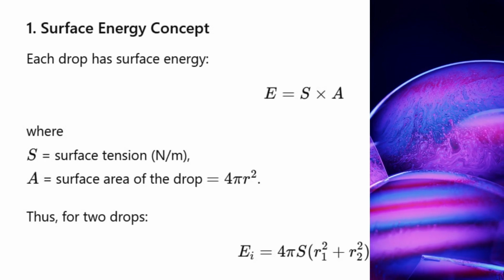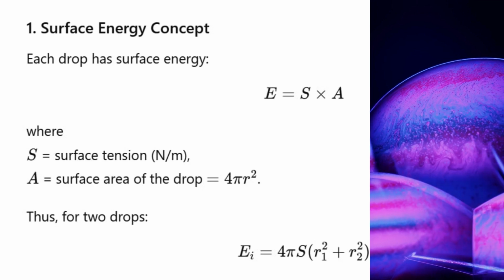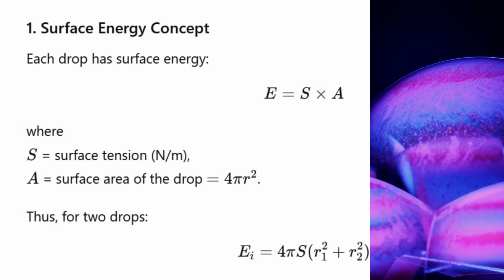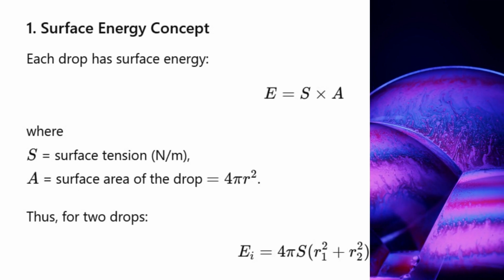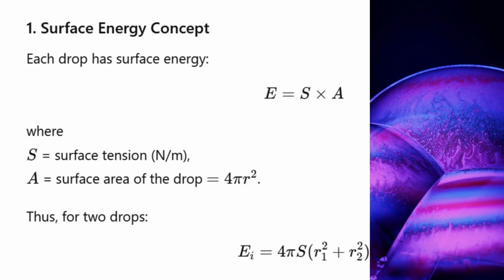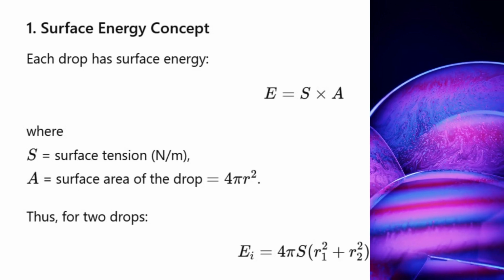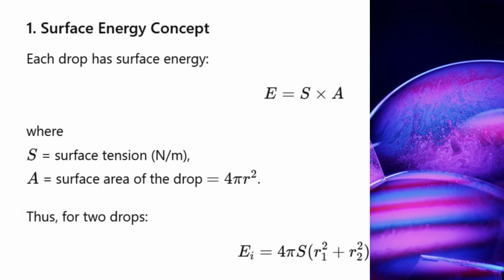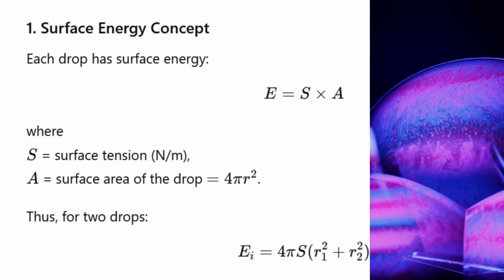Since 4 pi s is common, I have taken it outside the bracket. Here R1 and R2 are the radii of the two drops which are coalescing, that is mixing, to form a large sphere or drop.